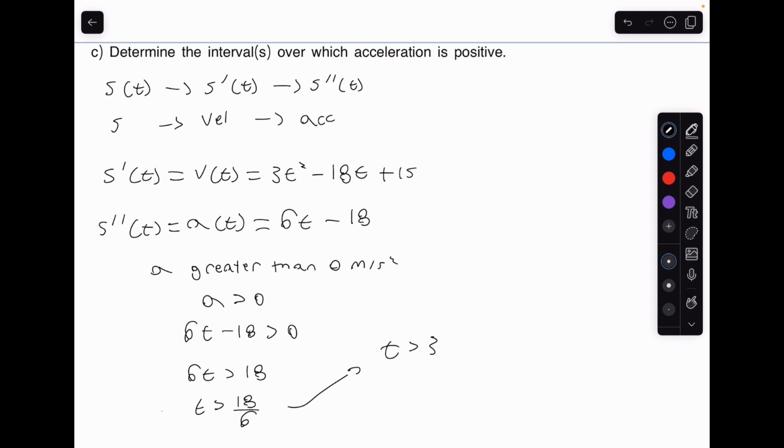That means that acceleration is positive when time is greater than 3 seconds. That's all we got to do. So first, find the acceleration, determine when it's positive, so determine when a is greater than 0, and then just solve for t, and t gives you the interval.